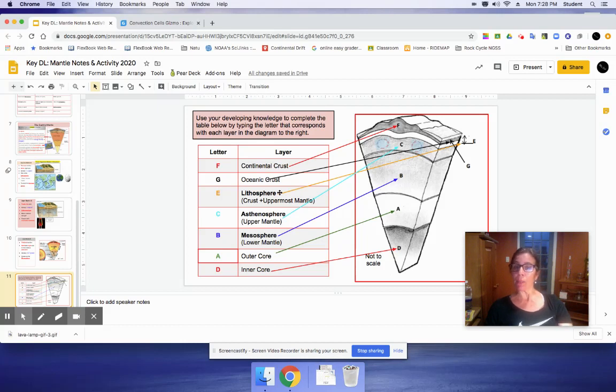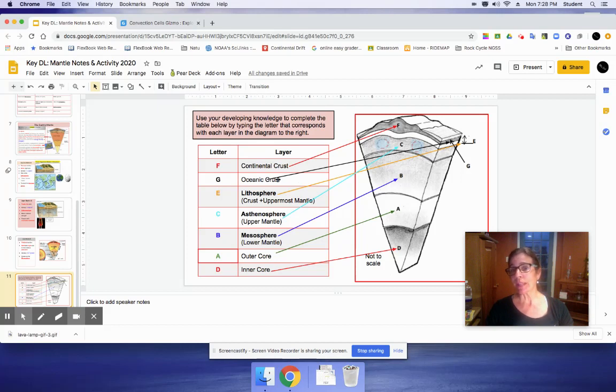Part of the lithosphere would be the crust, okay? Because the crust is the uppermost section of the lithosphere. The oceanic crust, remember, is the thin section of planet Earth's crust, and it's located under the ocean water.